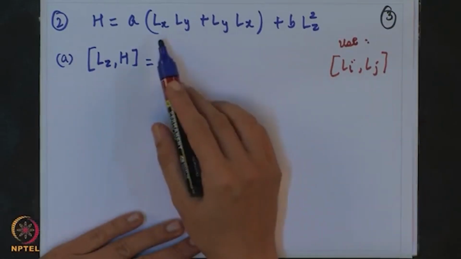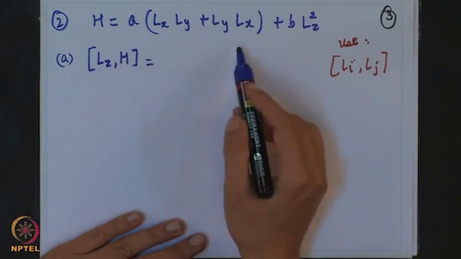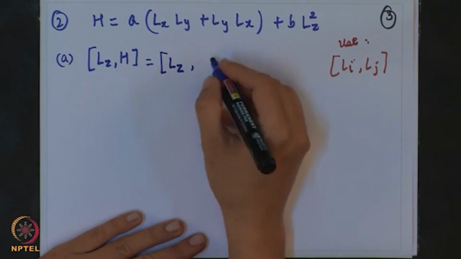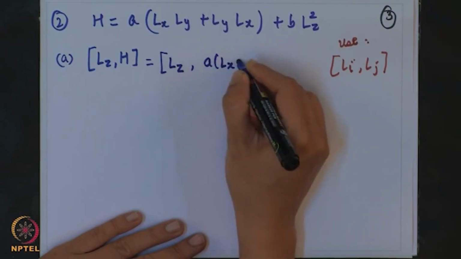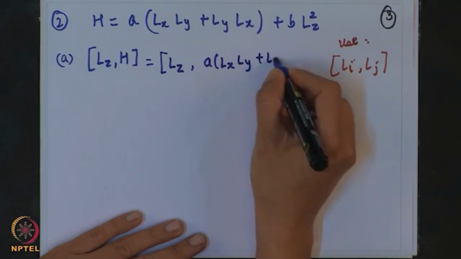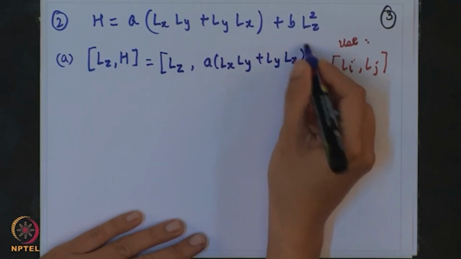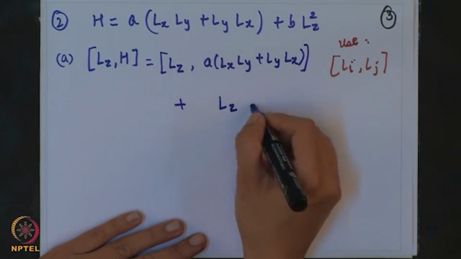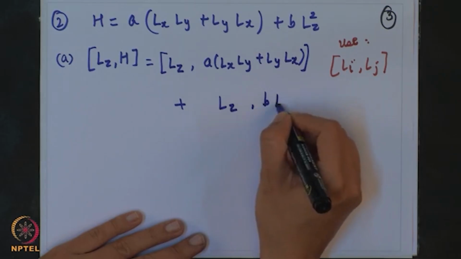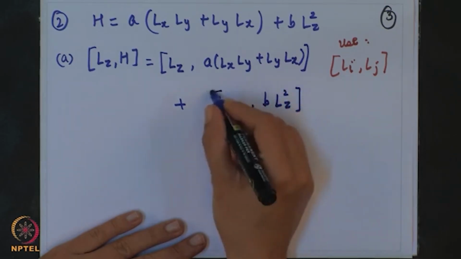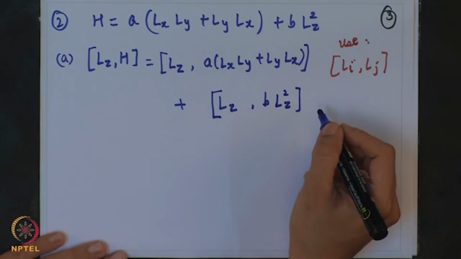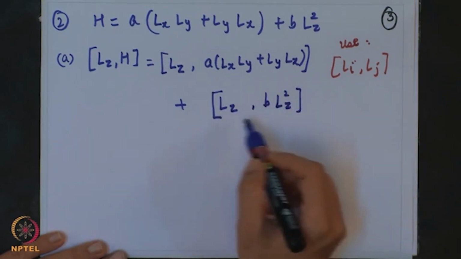And you will substitute for H over here. So, let me write one more step and then leave it for you all to evaluate. Ly Lx, this will be the first term, and the second term would be B. You can evaluate these terms.